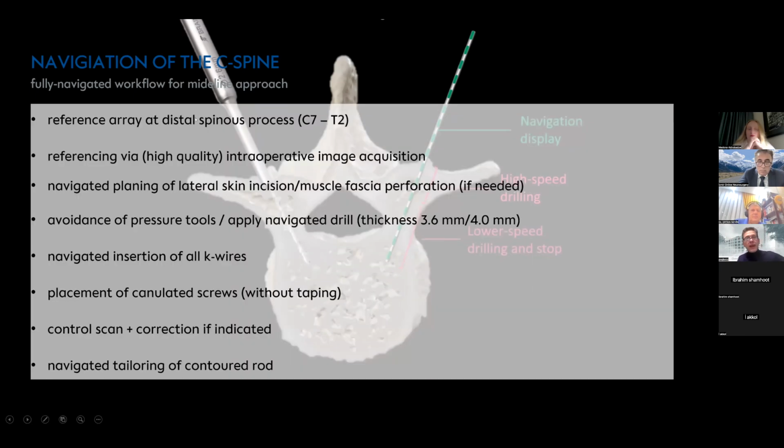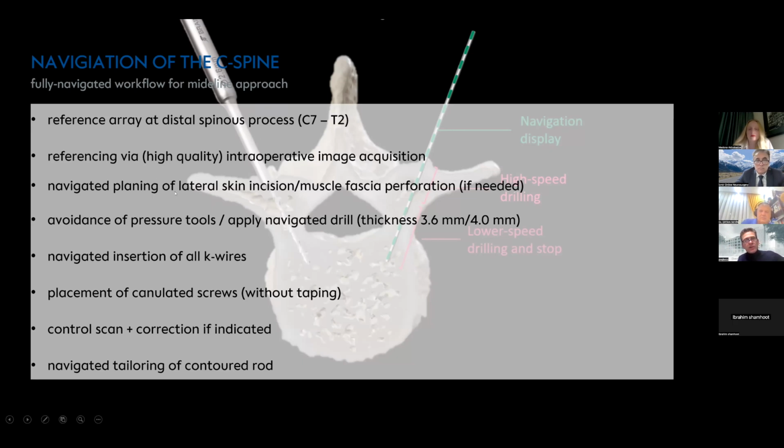So this is how we do it. We place the reference array at the distal spinous process, which is C7, C2. In your first step, usually you have a fixed cervical spine, so it's not an unstable situation, so we are very relaxed. We are not referencing each vertebral body. We reference with one intraoperative image acquisition, which is usually a CT.